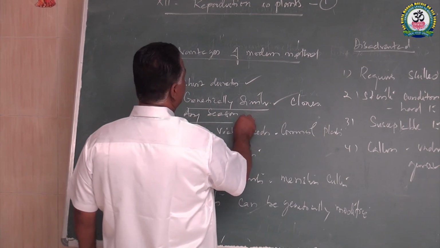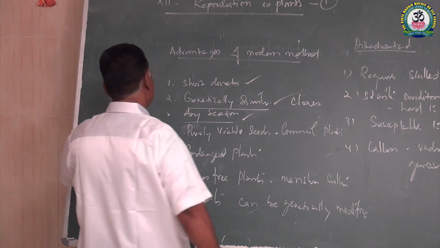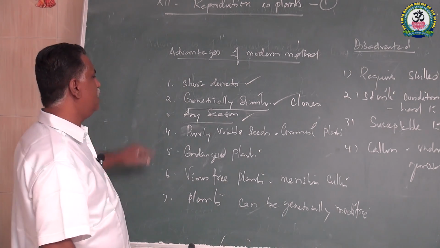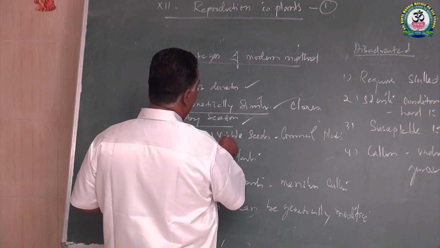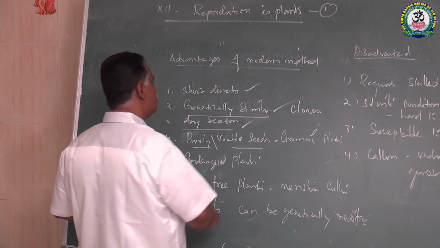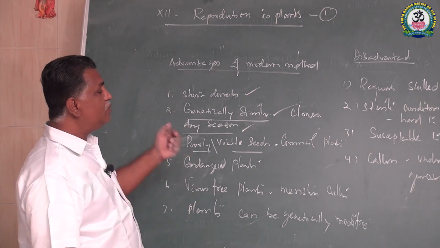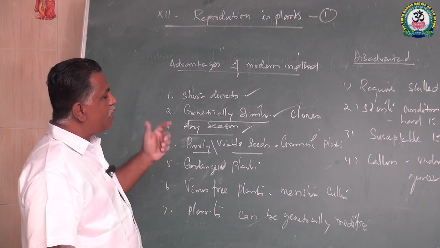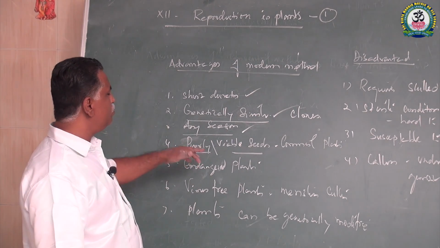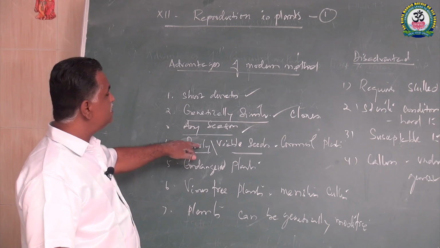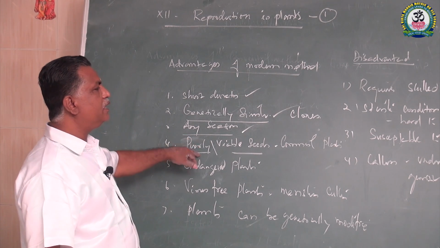This can be performed in any season, so there is no season restriction. And some plants produce very poor, poorly viable seeds but are commercially valuable. Such commercially valuable plants, incapable of reproducing through seeds, can be propagated through this modern method.